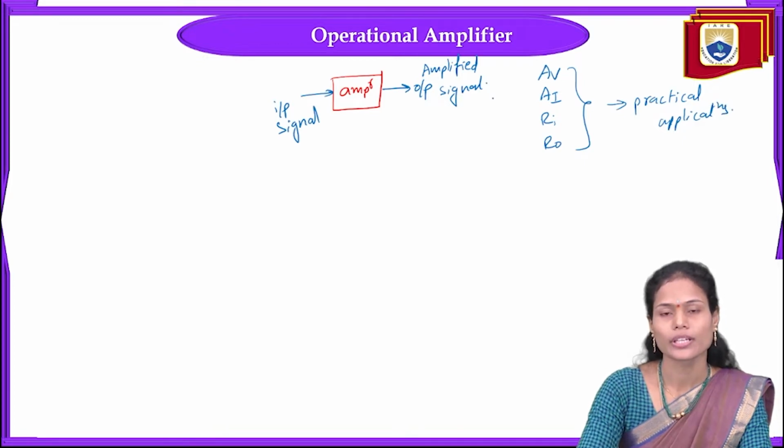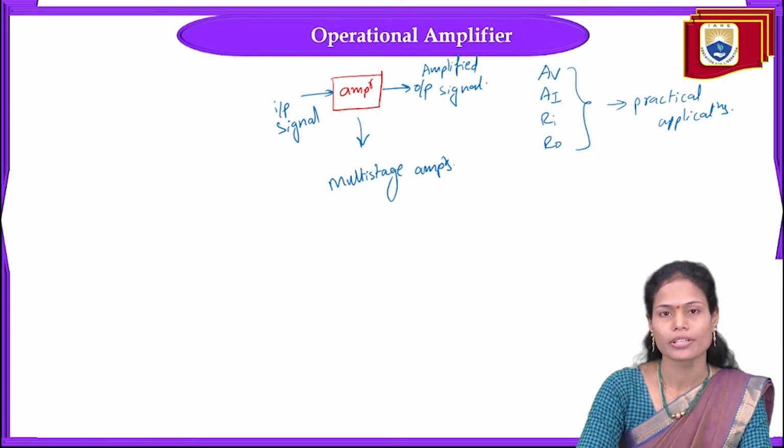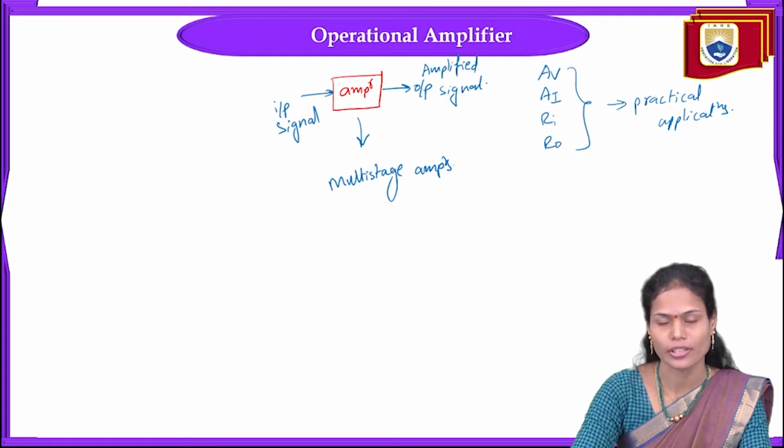In order to overcome that, we went for multi-stage amplifiers. These multi-stage amplifiers can be implemented by cascading different single stage amplifiers. We can take two or more stages so that we can improve the amplifier parameters, that is voltage gain, current gain, and input and output impedance.